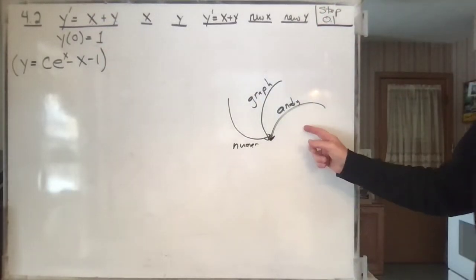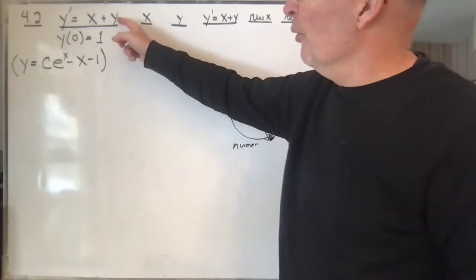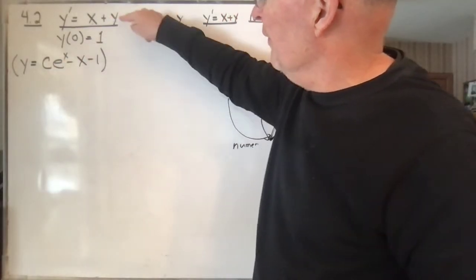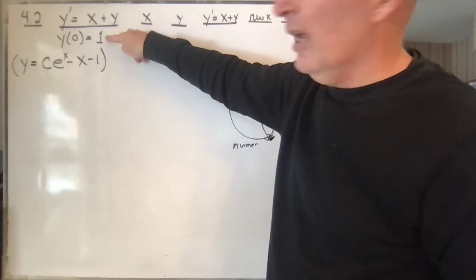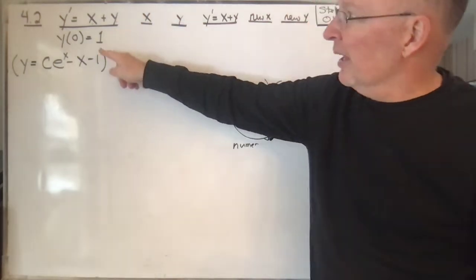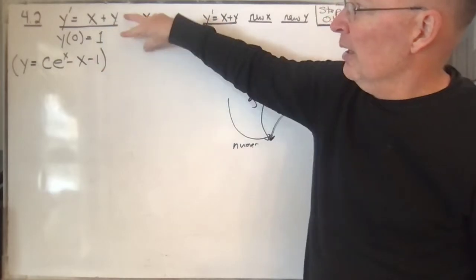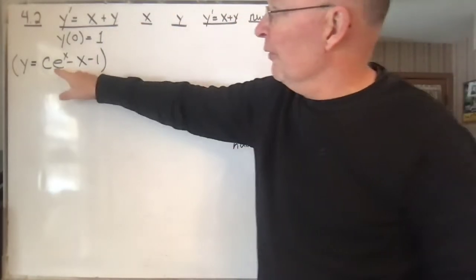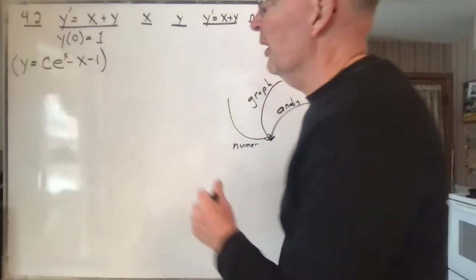And let me just stress again that we already know the solution of this thing. There's the general solution. If we have this differential equation and the initial value problem, given that y of 0 is equal to 1, then this is called an initial value problem. Then we can solve for c here. Let's do it right now.